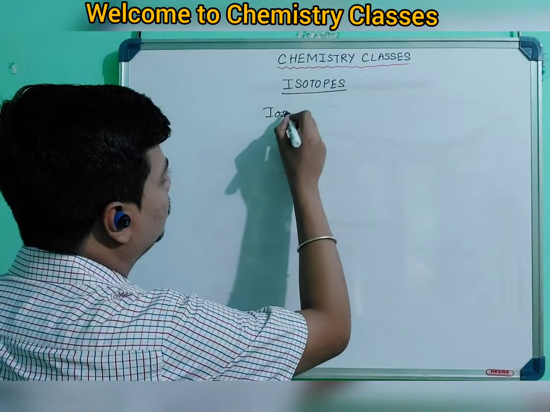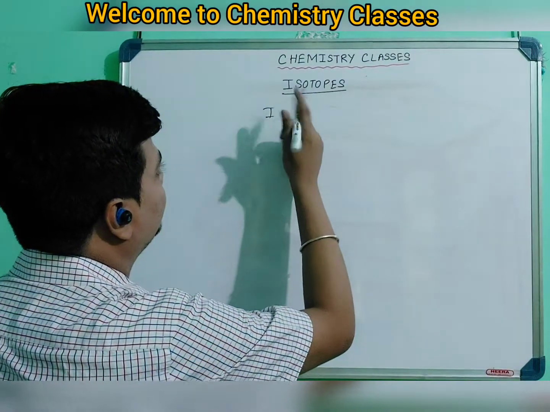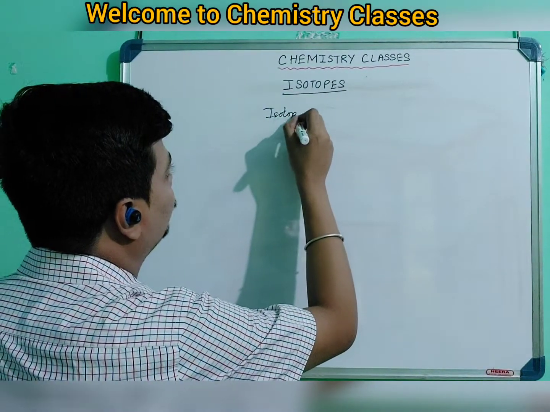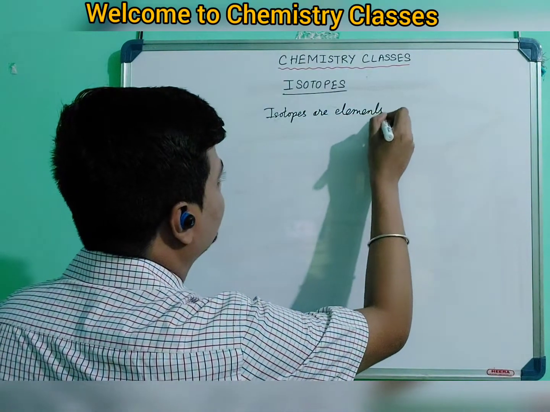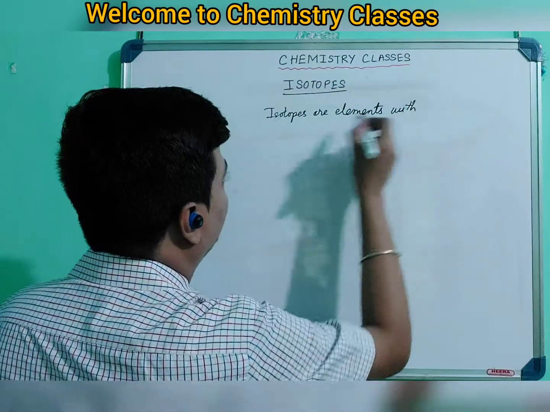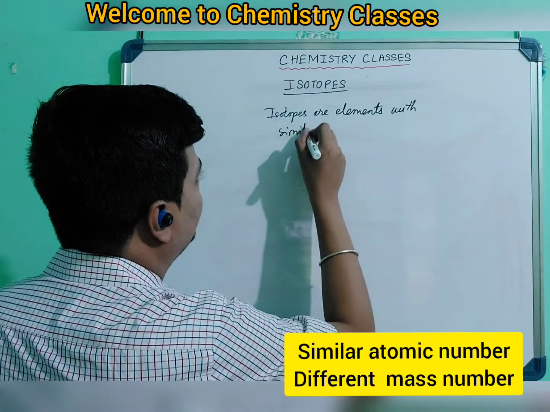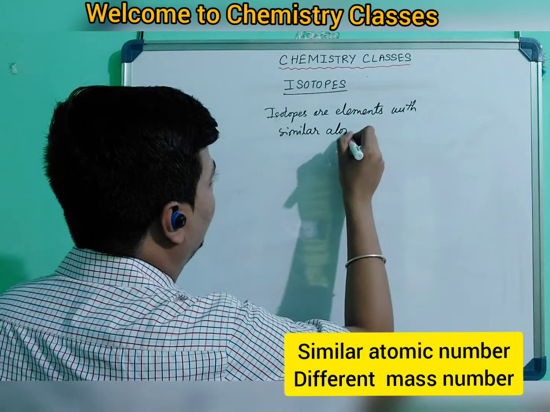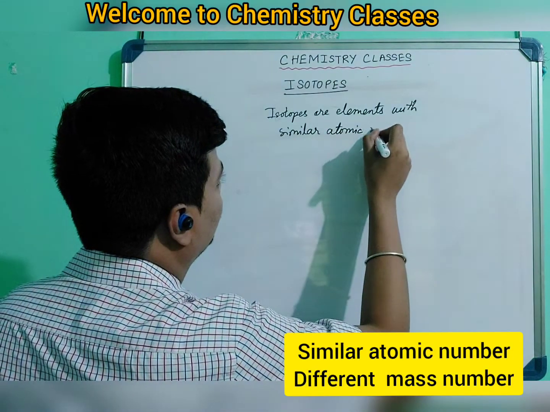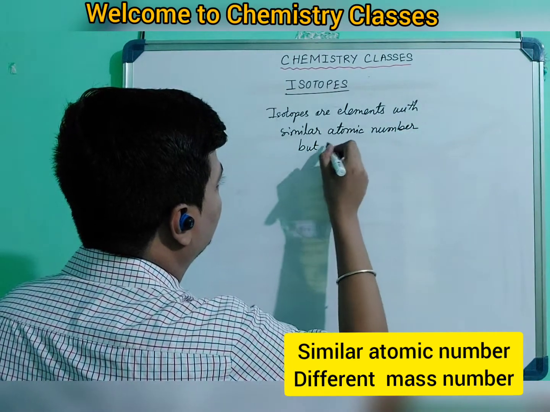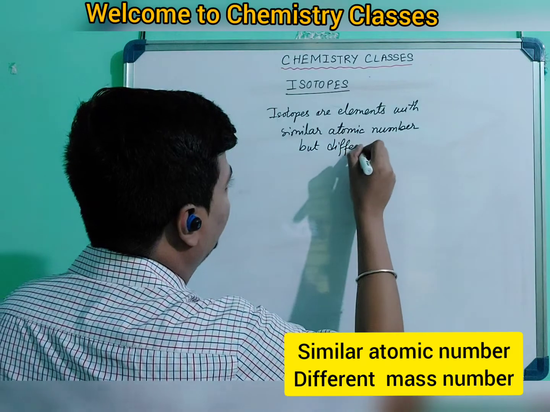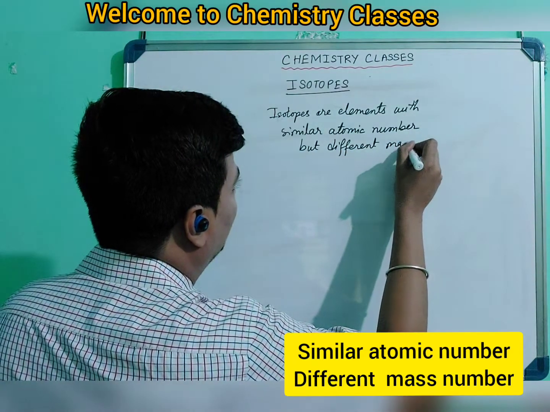Isotopes are elements with similar atomic number but different mass number.